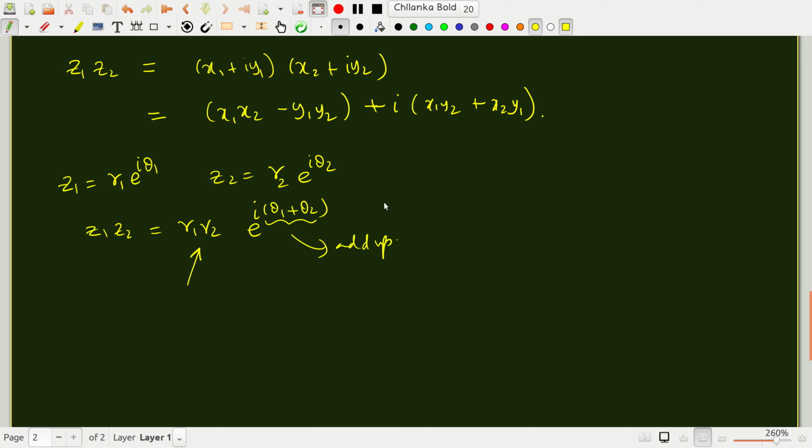You can generalize it to z1 times z2 times z3 and so on, and you will get r1 r2 r3 times e to the I theta 1 plus theta 2 plus theta 3 and so on. This is something that's very general, you can generalize it to any number. That is why the polar representation is very useful, because you can multiply complex numbers or divide complex numbers in a very easy manner.